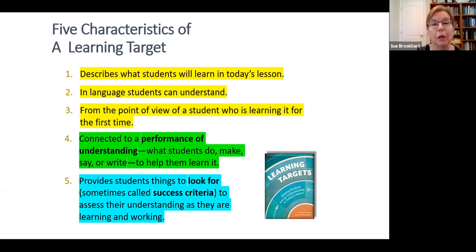It's not that you can't use content relevant vocabulary, but you need to say it in the way that a student would be thinking about it.